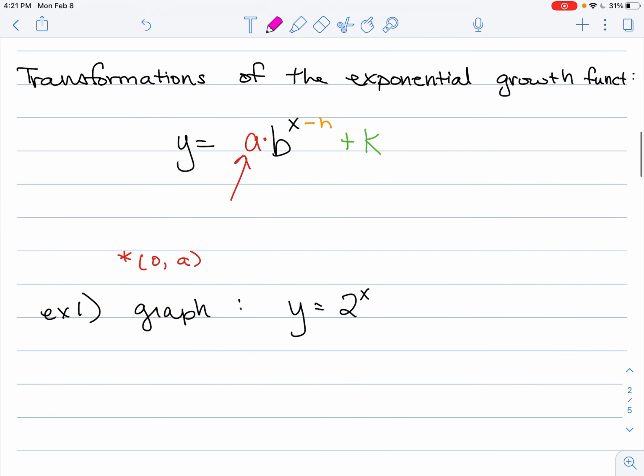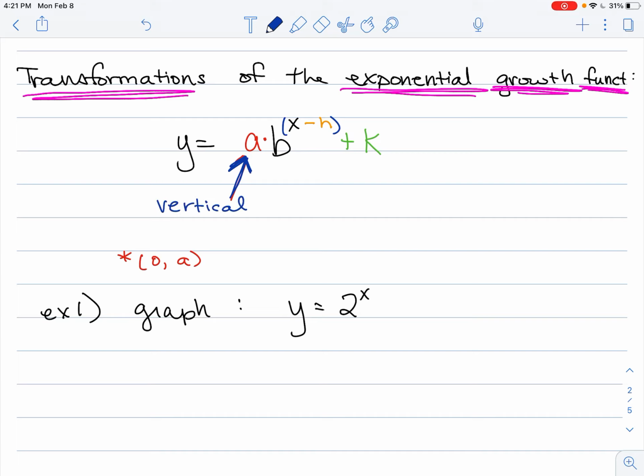So since we know what a parent function is, let's talk about transformations of the exponential growth function. Remember before, if something is being multiplied in front, we know that it's a vertical stretch if a is greater than 1, or a shrink if a is less than 1, meaning a fraction.